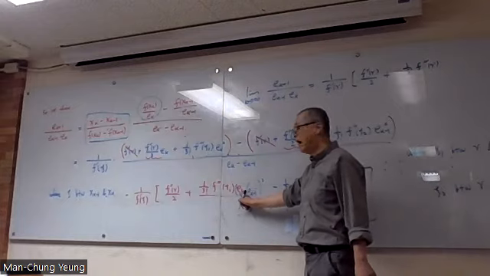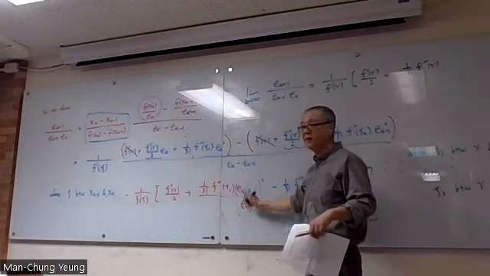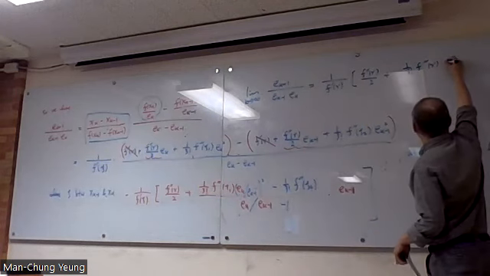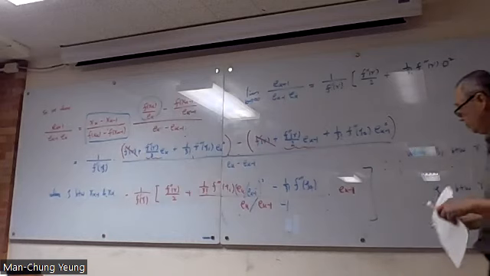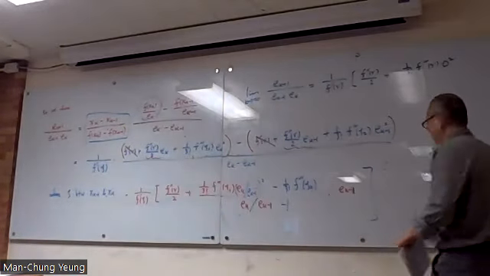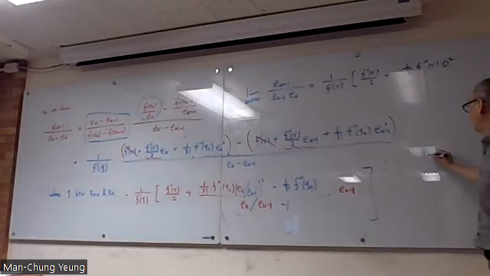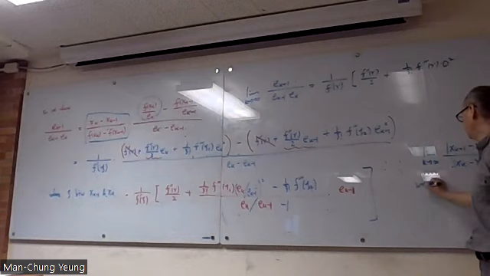How about this? e_k over e_{k-1}. As k approaches infinity, this approaches 0. How to see? From the assumption. What did we assume at the beginning? We assume the limit as k approaches infinity of the absolute value of e_{k+1} over e_k to the alpha is a, where alpha is greater than 1 and a is some number.